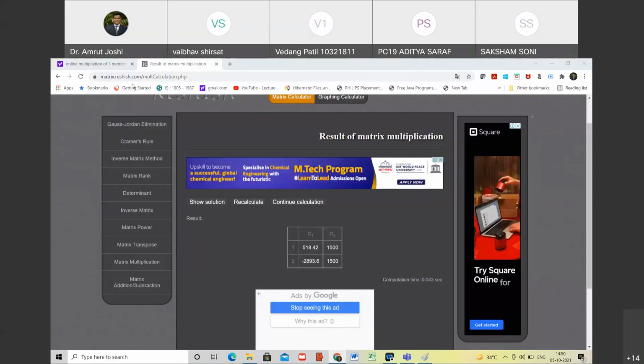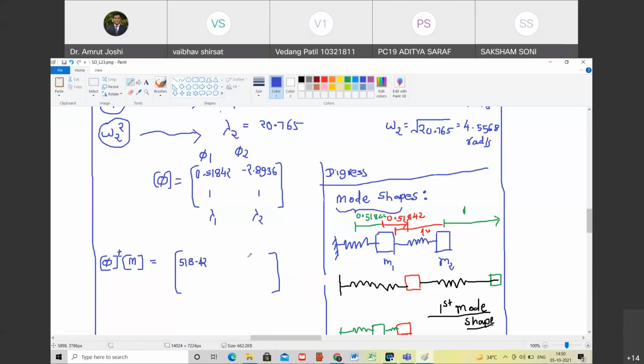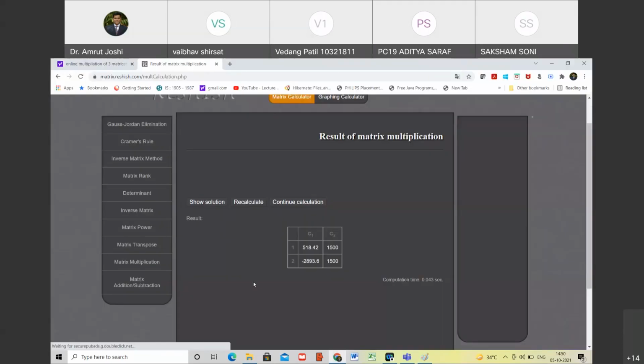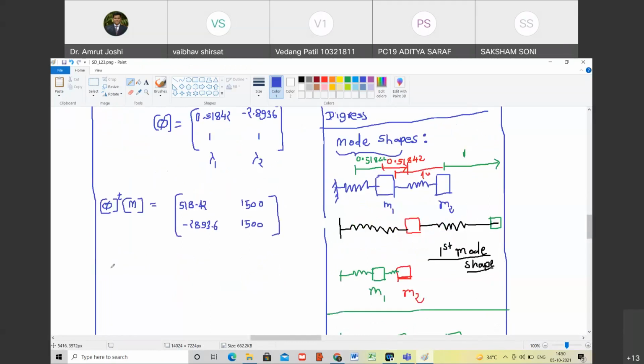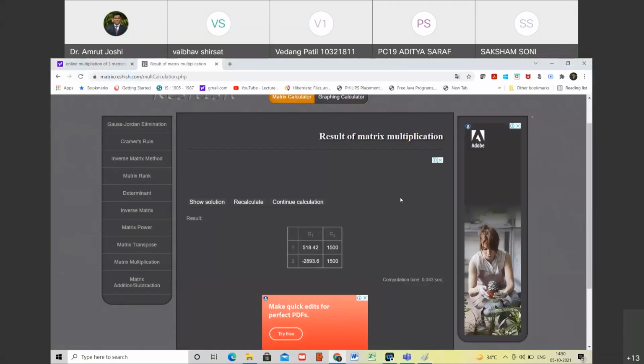Then minus 2893.6, then 1500. Now let us have phi transpose M phi. So we have to multiply this matrix by phi. Are you with me? Yes.